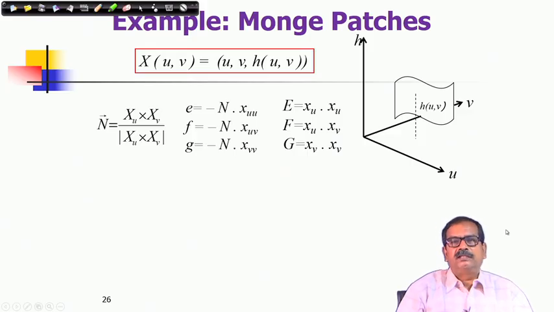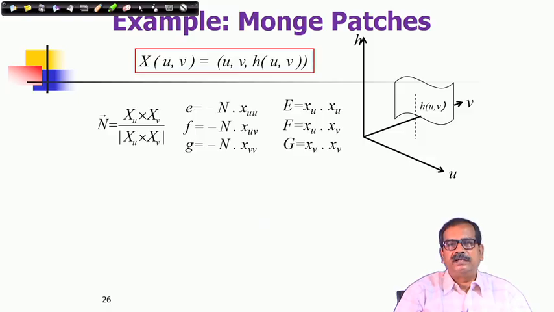So, we will be considering a special kind of surface description, which is akin to our range data. In fact, there is a term for this kind of surfaces, surface patches, where the parameters u and v themselves describe the x coordinate and y coordinate, and the z coordinate is a function of those two parameters, like h(u,v) has been shown.